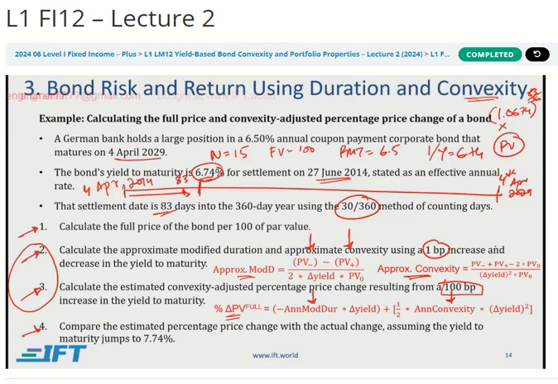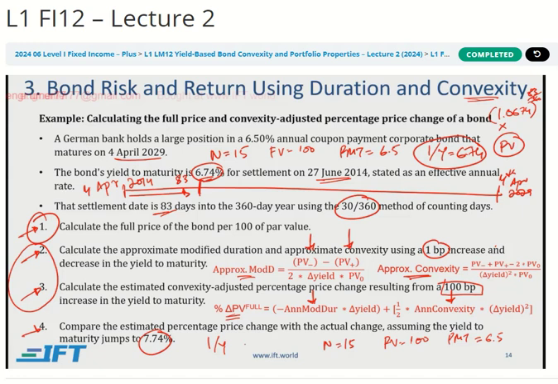Then what you have to do is again use that first question method of taking N as 15 and FV as 100 and PMT as 6.5. However, I/Y will become 7.74 instead of 6.74.